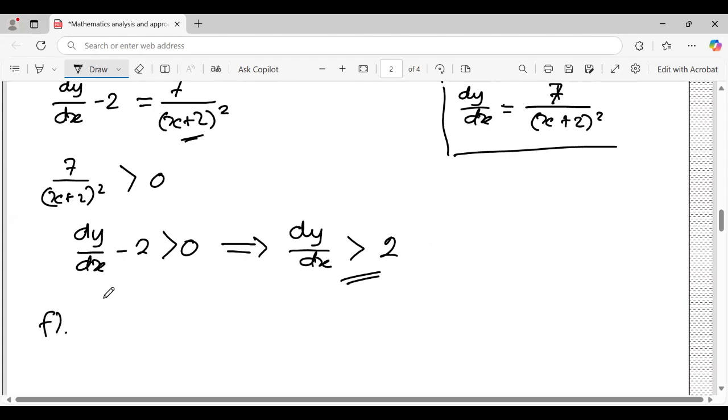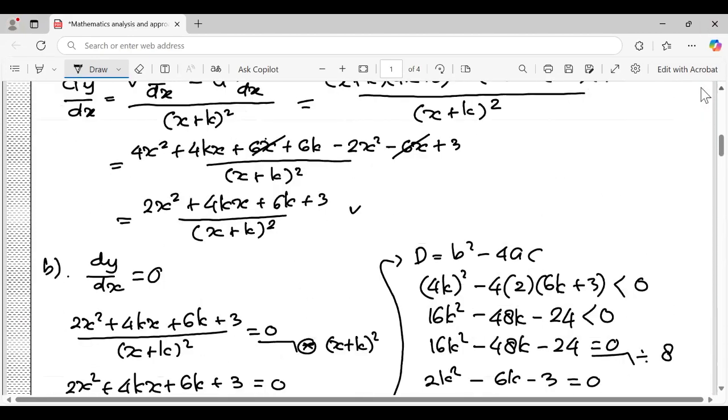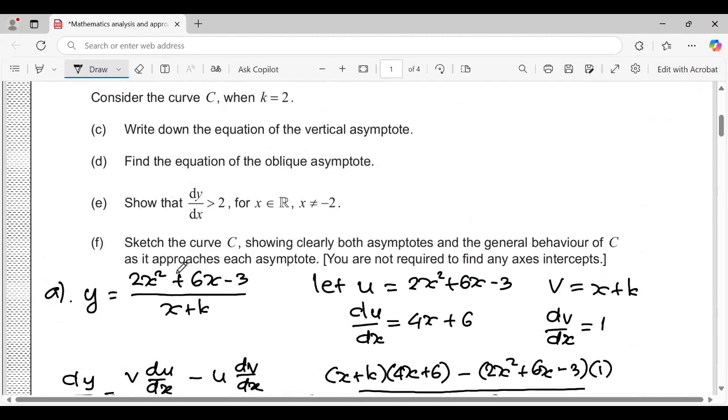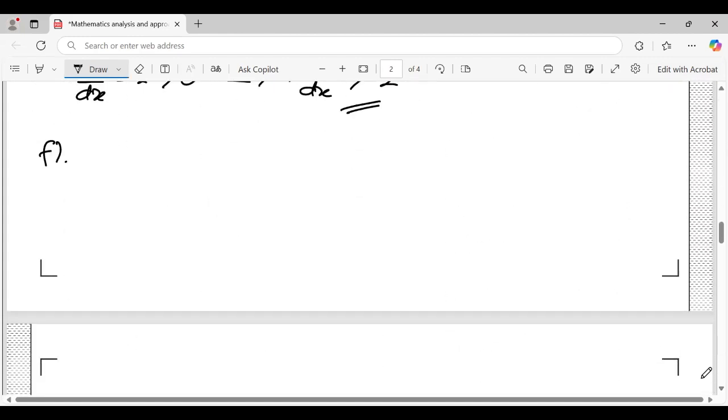F. Sketch the curve C showing clearly both asymptotes and the general behavior of C as it approaches its asymptotes. You are not required to find any axis intercepts. So no need to find the intercept points on the x-axis and y-axis.